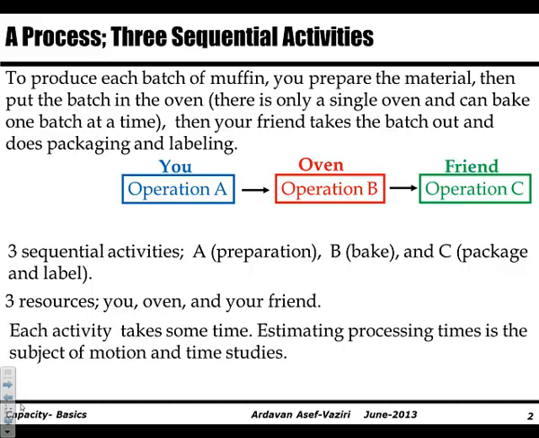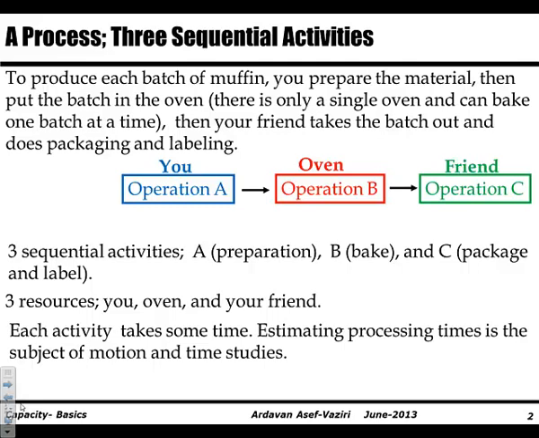Each activity takes some time. Estimating the time of each activity is in the framework of motion and time study, when you observe an operation on several random occasions, measure the operation time, average it, and assume that as the operation time. Or indirectly, you may use Little's law, because throughput times flow time is equal to inventory.